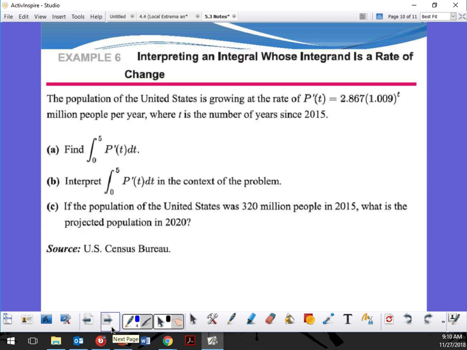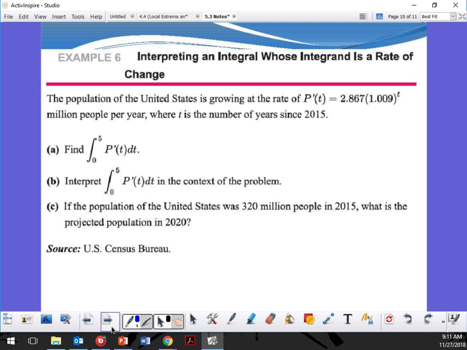Okay. Population in the United States is growing at a rate of P prime of t equal to that function right there, in millions of people per year, where t is the number of years since 2015. So 2015 is going to be 0.